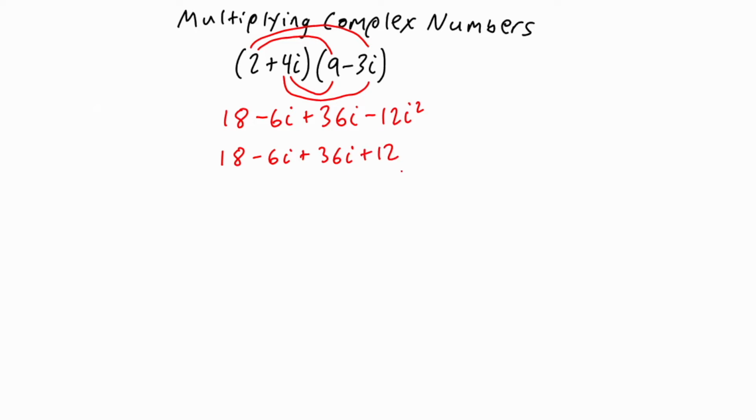And now we can combine like terms. And normally when we would multiply polynomials like this, we would end up with 3 terms. However, the i squared turns back into a real number, and now we can bring it down to 2 terms, because 18 plus 12 is 30, and negative 6i plus 36i is 30i. And that is our answer.